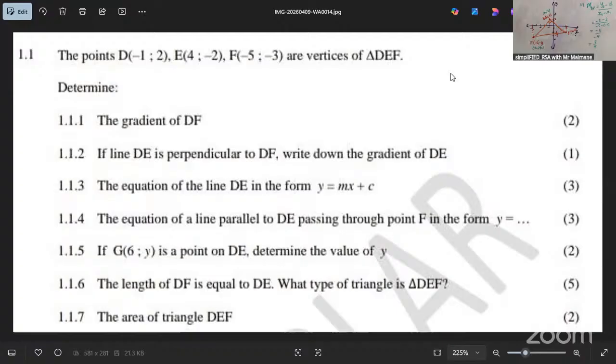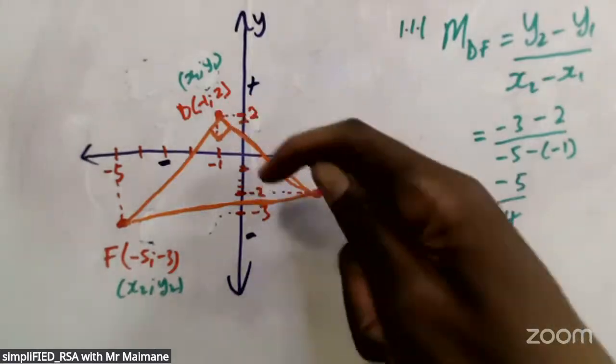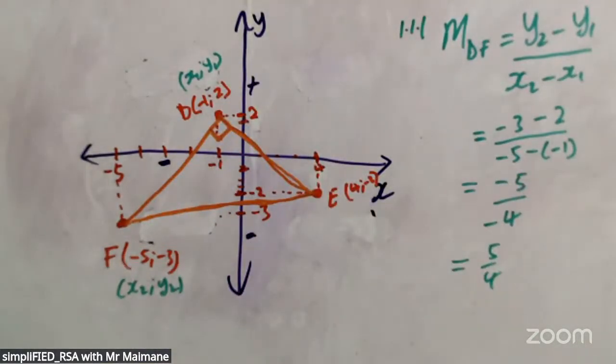Things like this need a proper manual maybe. But anyway, we can do it from here still. So if this line is perpendicular to this line, we must write the gradient of DE because they relate. So I can just write it somewhere on the side here.